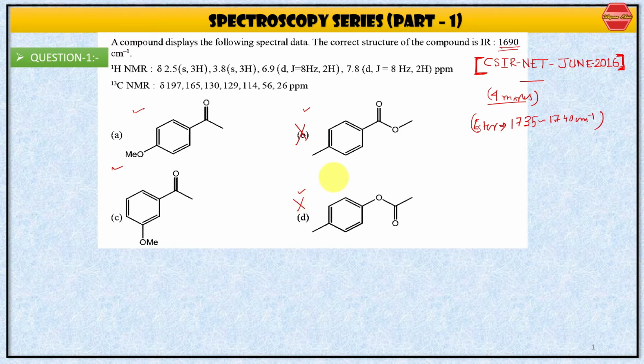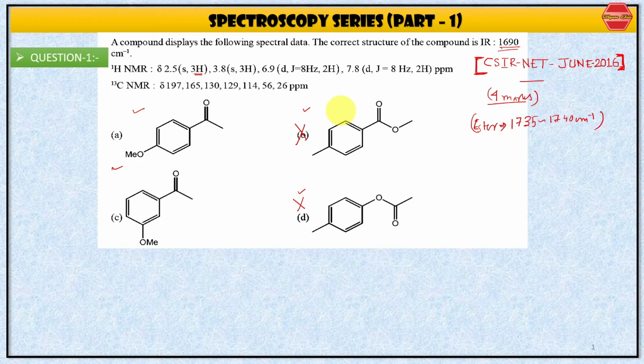Now if we start with the 1H NMR spectrum data, the first value given is 2.5 singlet, and this is for 3 hydrogens. To find out the actual structure, we need to know some important NMR data.